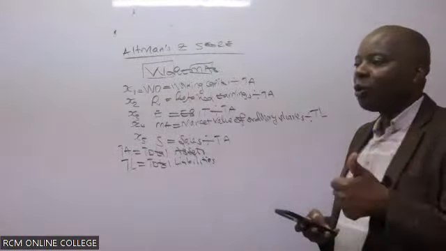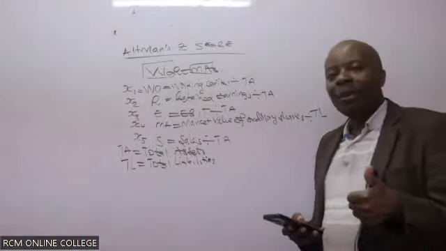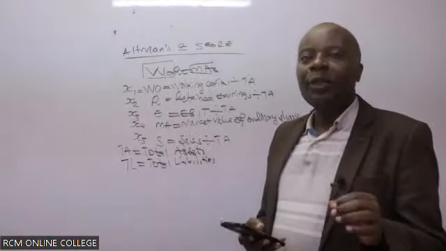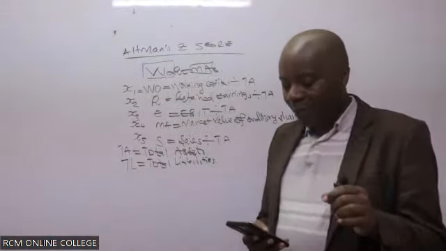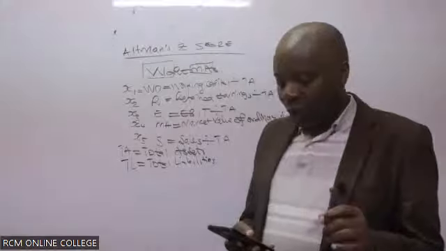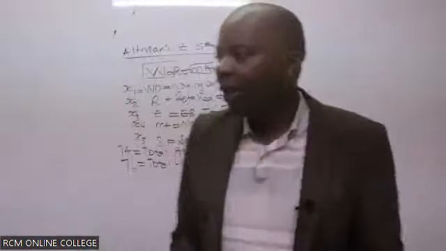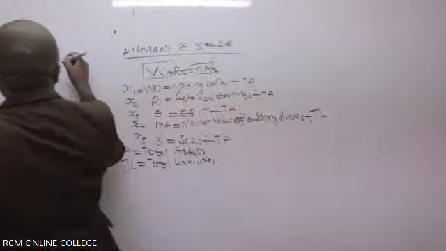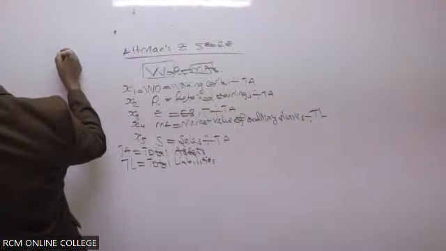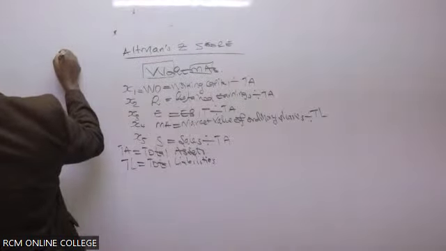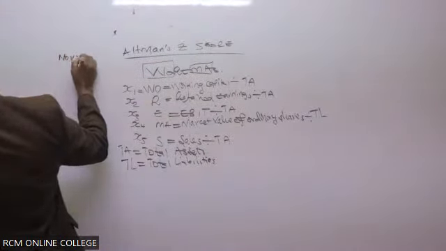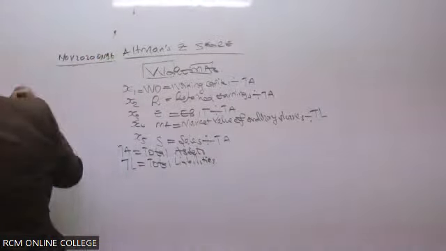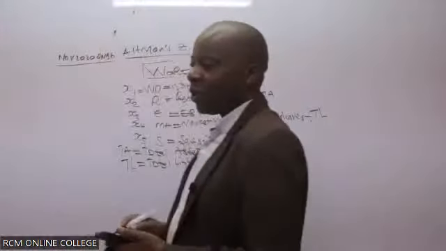So somebody should be able to go to that link, pick up that paper, and if possible, please, within a second, post that paper onto our WhatsApp. November 2020, question number 1B.